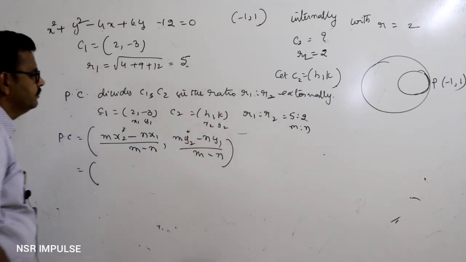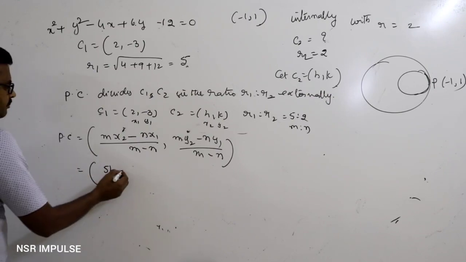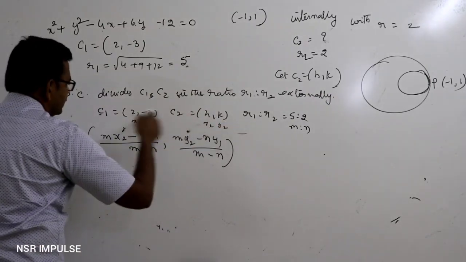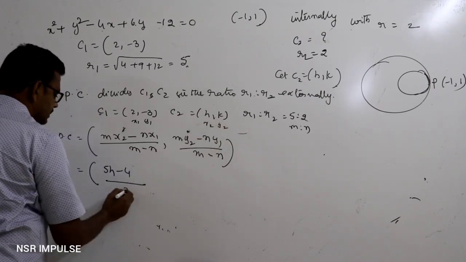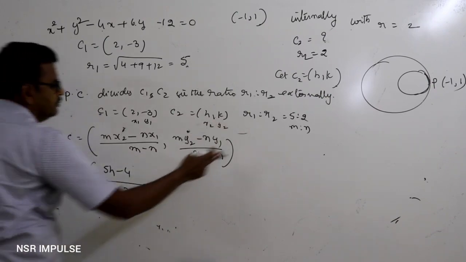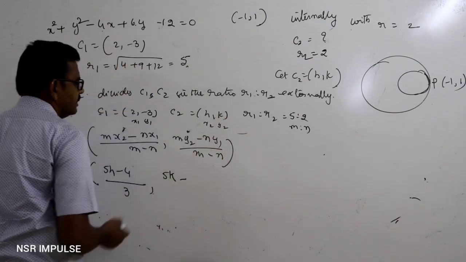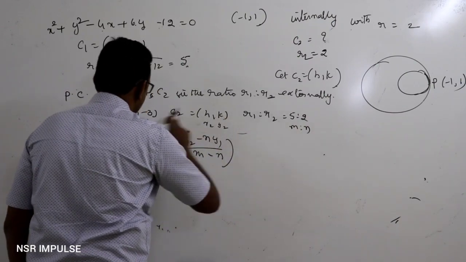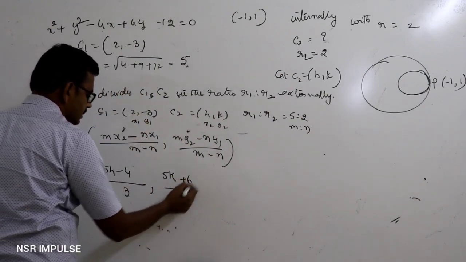So m x2 is 5h, minus n x1, that is 4, by m minus n, 3, and m y2 is 5k, minus n y1, minus of minus, that is plus 6, by 3.